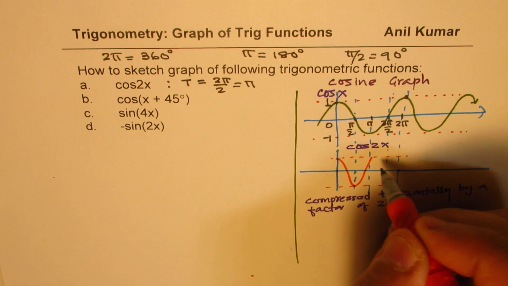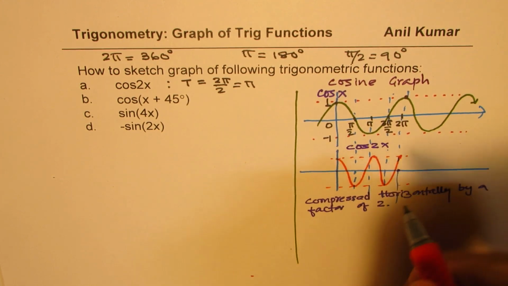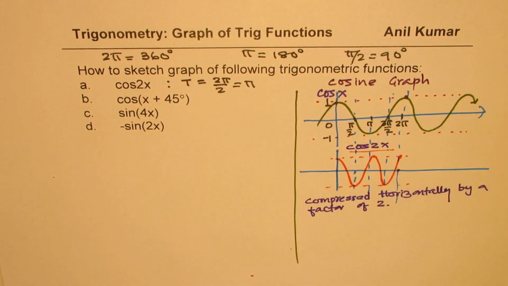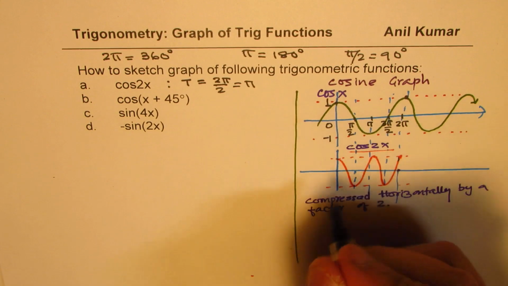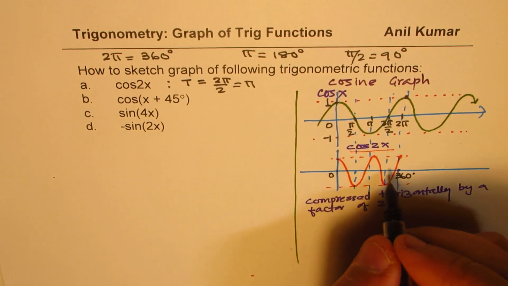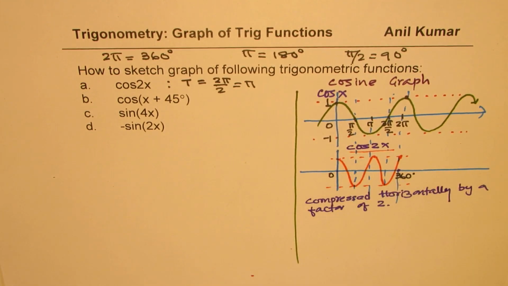This is one wave, and the other wave starts from there and ends there. So that becomes cos of 2x. Do you see that part? Do you understand? Within 0 to 2 pi, or you can say 360 degrees, now we have 2 cosine waves. So that is cos 2x.